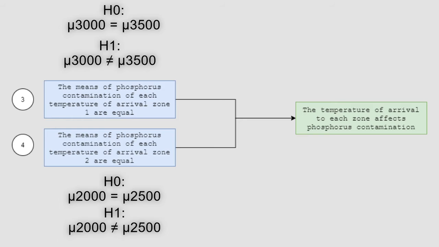The next statistical hypothesis is that the means of phosphorus contamination of each temperature of arrival to zone 2 are equal, and H0 would be mu 2000 equals mu 2500. H1 would be mu 2000 different than mu 2500.